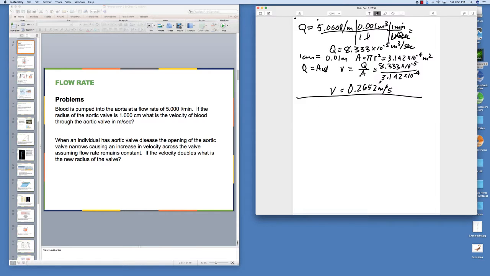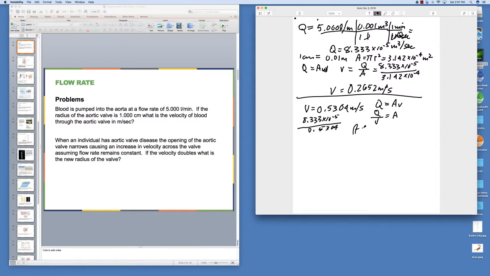So if the velocity increases by twofold, then that means that the new velocity is equal to 0.5304 meters per second, and we know Q is equal to A times V, so that means that A now is equal to Q over V, and so that's going to be 8.333 times 10 to the minus 5 divided by 0.5304.